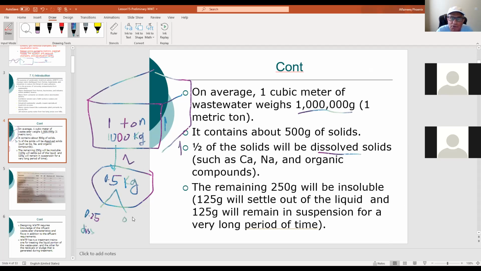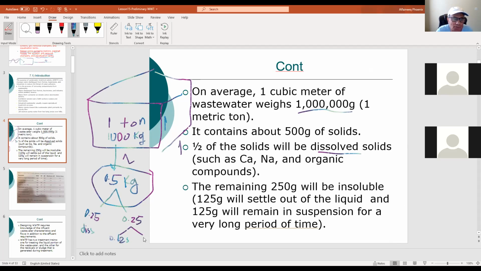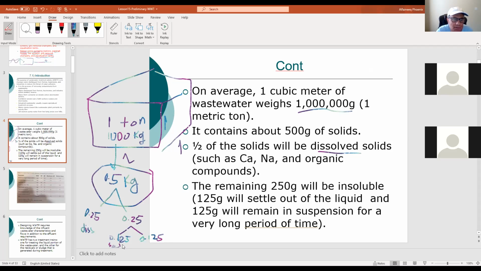The other half is not dissolved. However, of that, half can settle out and half stays suspended. 125, 125. So these can settle, these stay suspended.